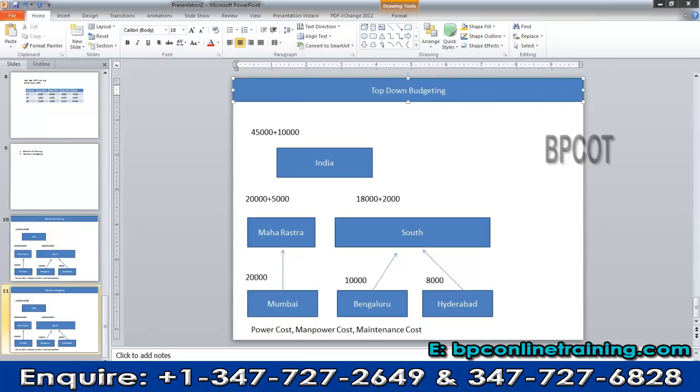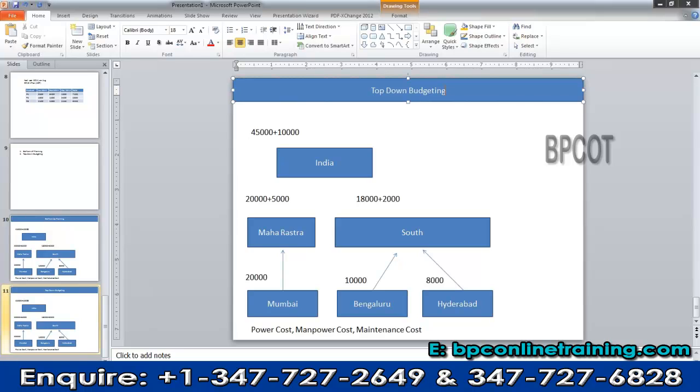Based on that, this Airtel board will have a board meeting. They will discuss whether they have $55,000 or not for the next year expenses.